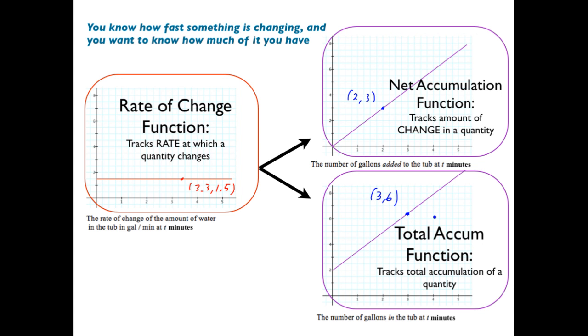So this is pretty easy when the rate of change is constant, right? You guys just wrote it down in a minute or two. What makes it more challenging is that oftentimes rate of change functions have a continually changing rate of change, right? And so that's really the quest that we're on: given a changing rate function now, how much do you have? What's your net accumulation function, or what's your total accumulation function?